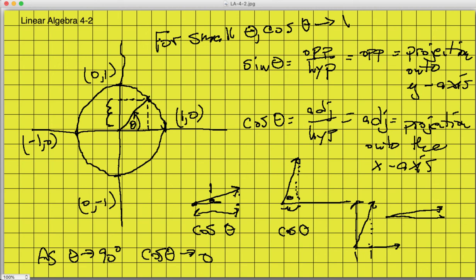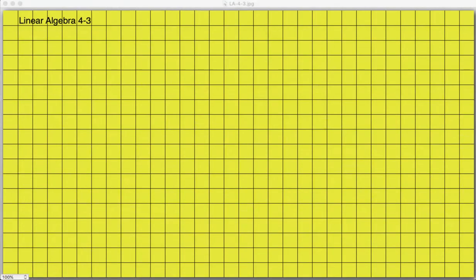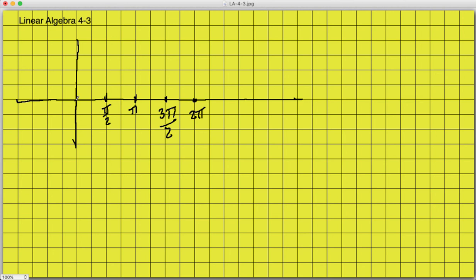Let me just save this. Again, going back a very long time ago, if this is pi over 2, 90 degrees, if this is pi, if this is 3 pi over 2, and this is 2 pi, over here at 0, the cosine of 0 is 1.